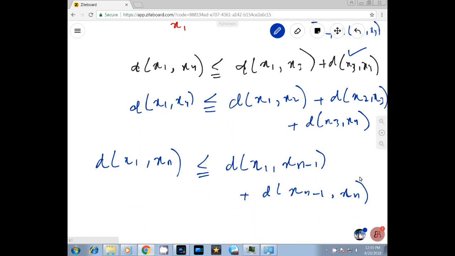And again you have to break down this one as you did for the case of x1 and x3.